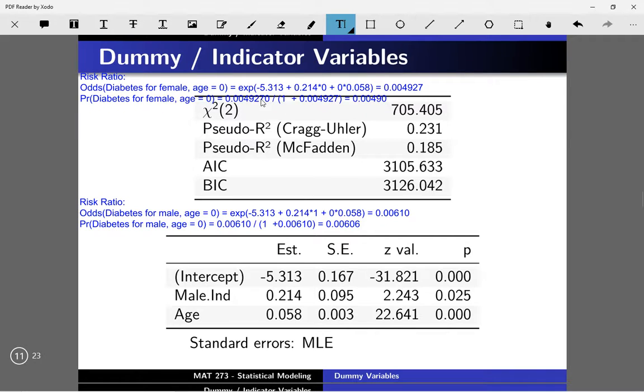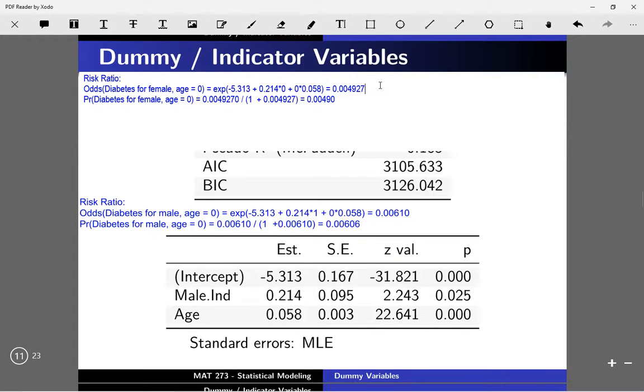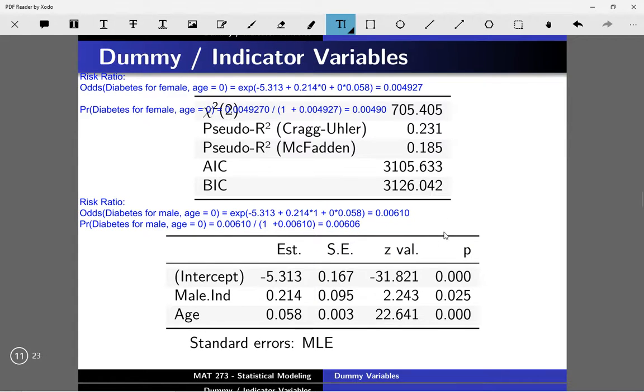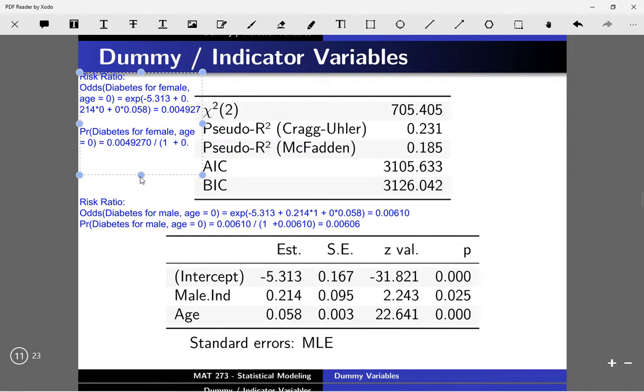Now let me try and make that more readable there. Yeah, it gets a little bit smushed, but maybe, okay.